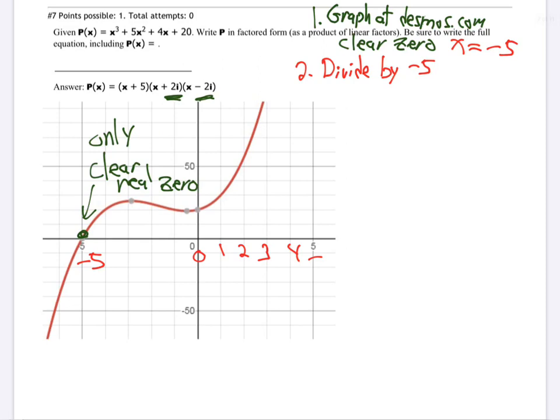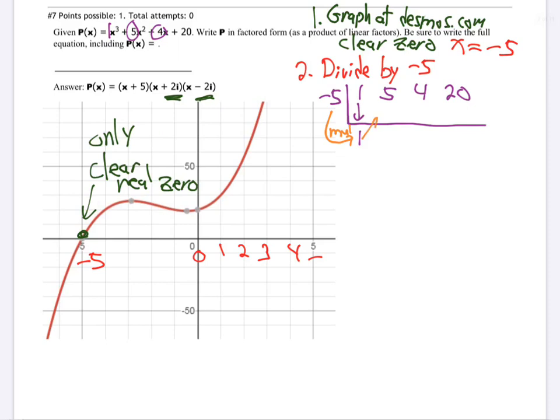Let's do it. So, the negative 5 here. Grab the coefficients. 1, 5, 4, 20. So there's the coefficients. So now I'm just going to bring down the 1 and let the synthetic division begin. Multiply.